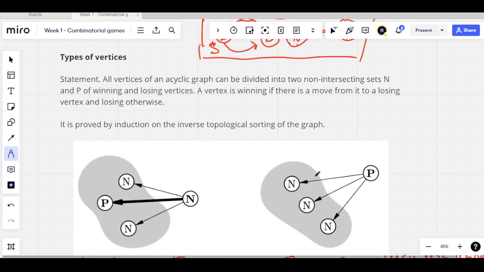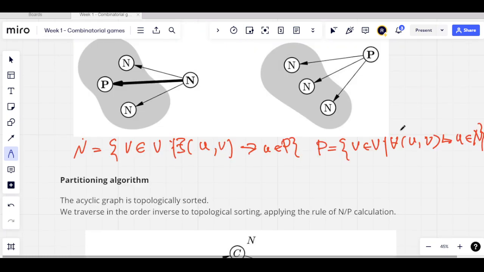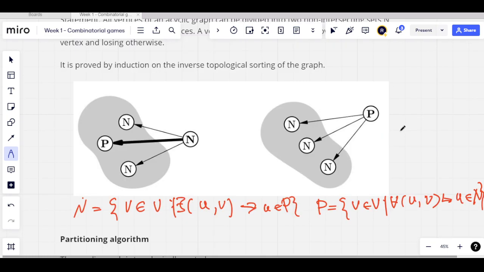This means we can definitely mark our graph, our vertices. Okay, and why is it true? We can prove the statement using topological order.